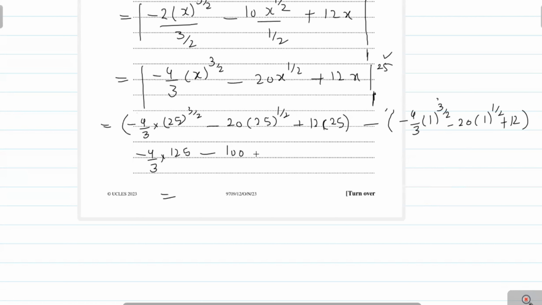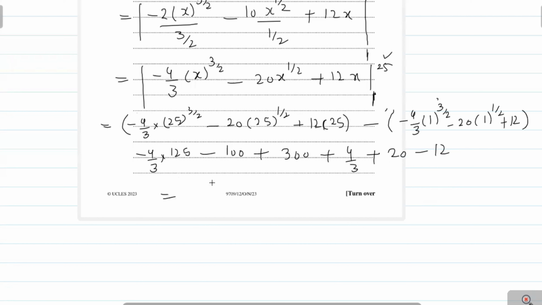We can write this value as 4 over 3 into 125, minus 25 square root is 5. Therefore, that's equal to minus 100 plus 12 times 25 is 300, minus 4 over 3 plus 20 minus 12.